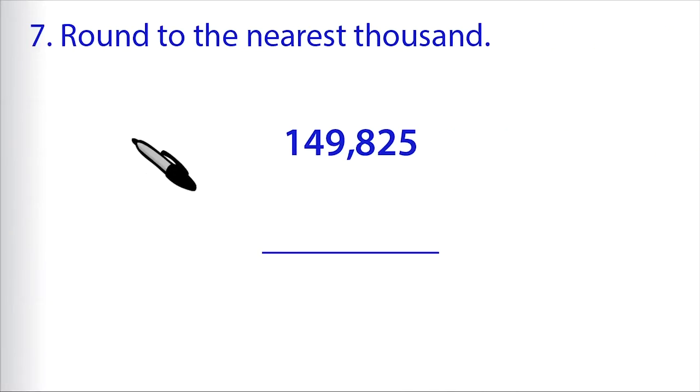For problem 7, we need to round to the nearest thousand. We have 149,825. And the thousands place is right here. We need to determine if we need to keep it the same or raise it up. So we look to the digit to its right. That's an 8, which is 5 or greater. So we need to raise this up. But this digit is a 9.